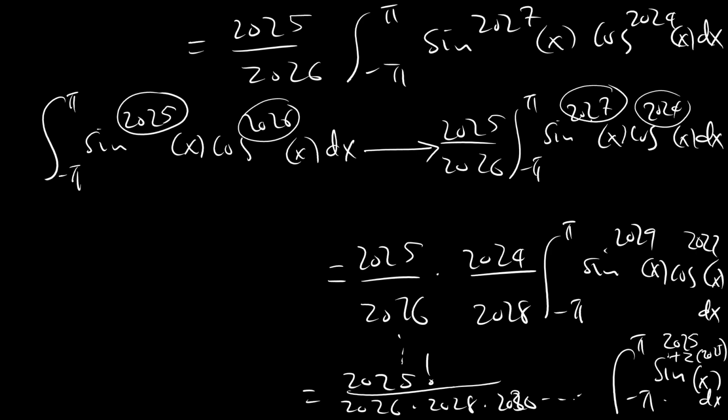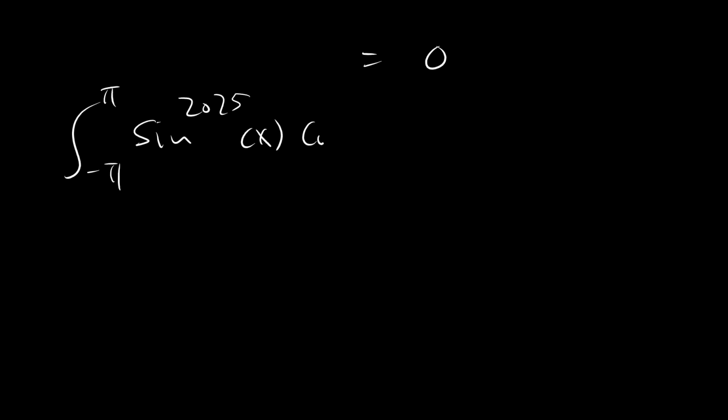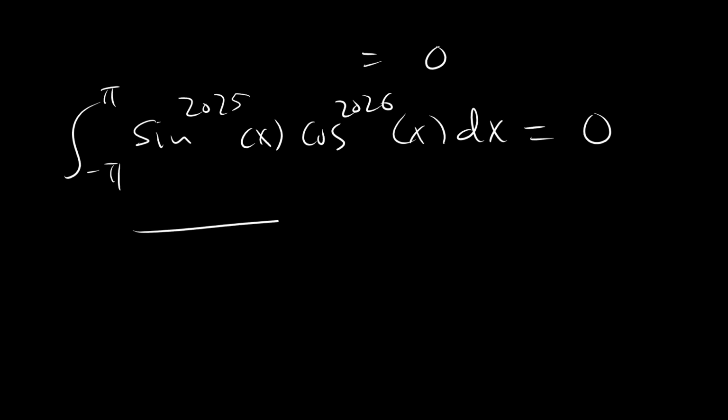And since this is an odd function, this entire enterprise will go to 0. So it goes to 0. And so the integral from x equals negative pi to pi of sine to the power 2025 of x times cosine to the power 2026 of x is equal to 0.